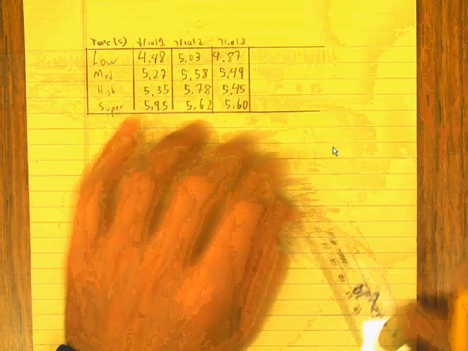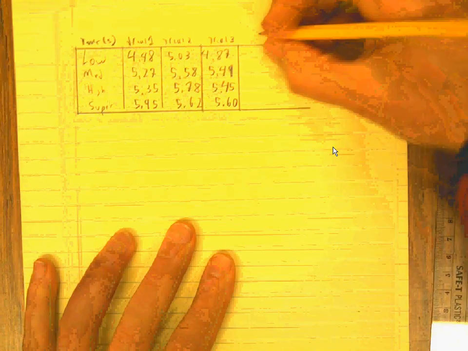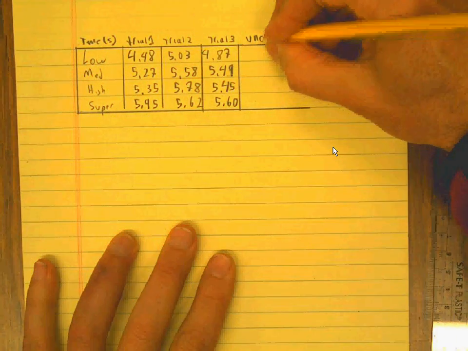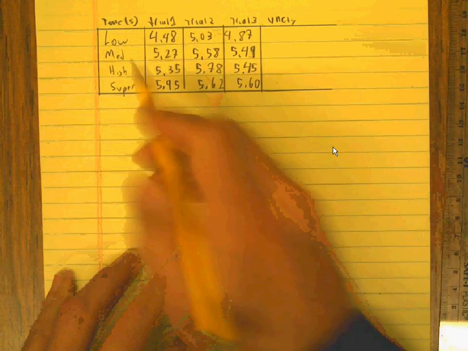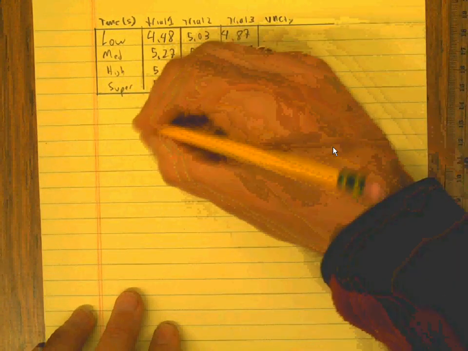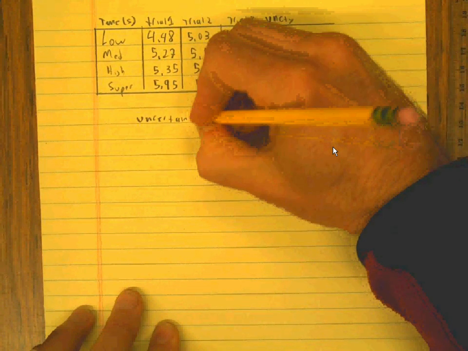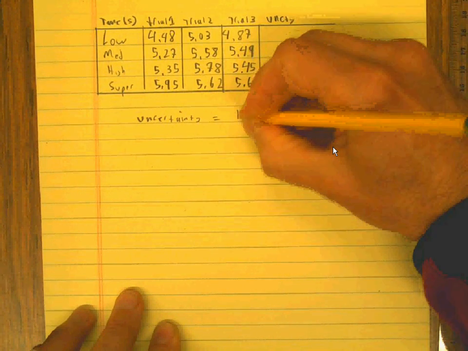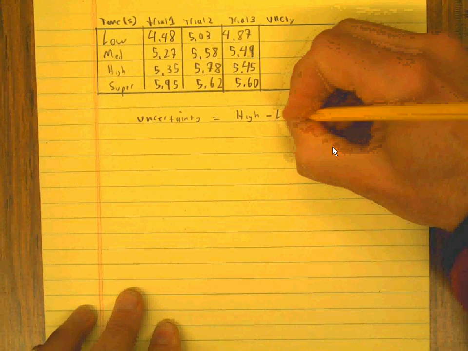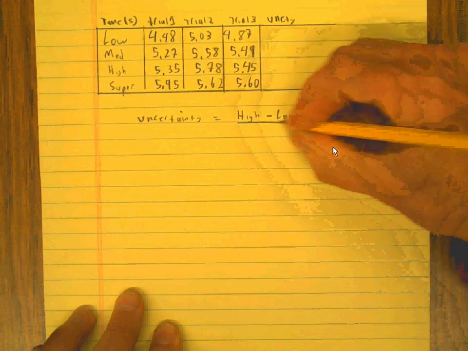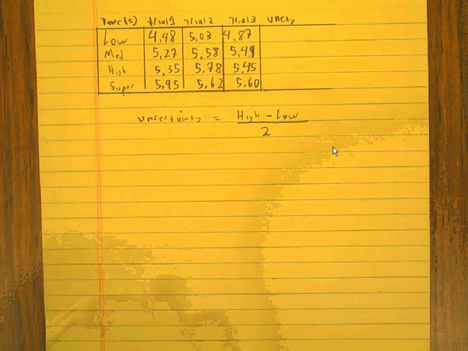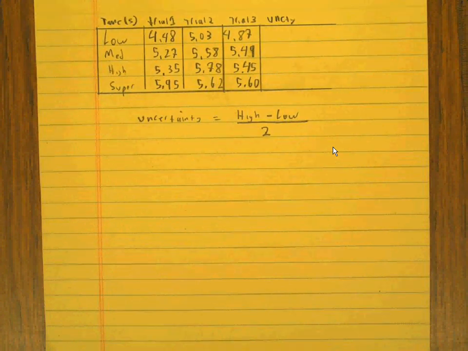So for uncertainty, let's say for the low one, basically the uncertainty is equal to the high trial minus the low trial divided by 2. So it's the range of the whole thing divided by 2.